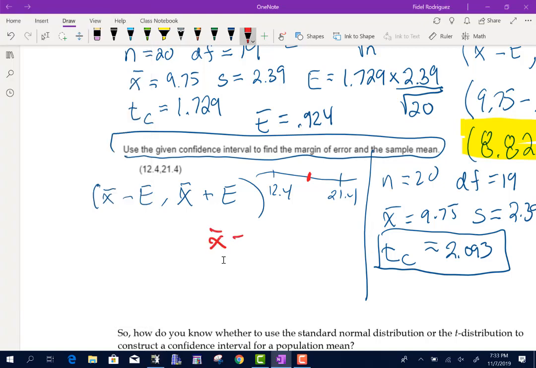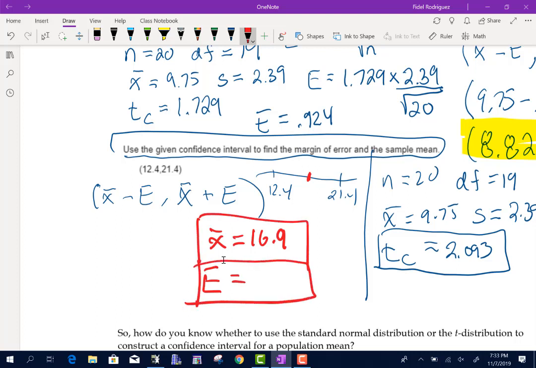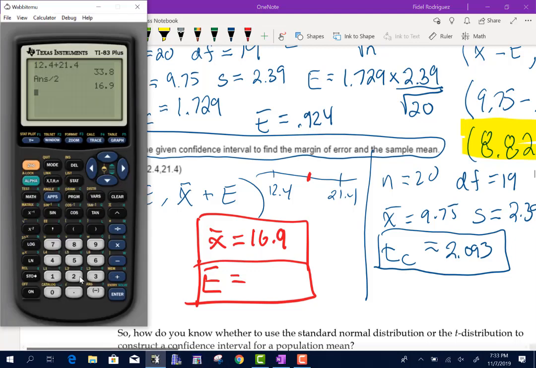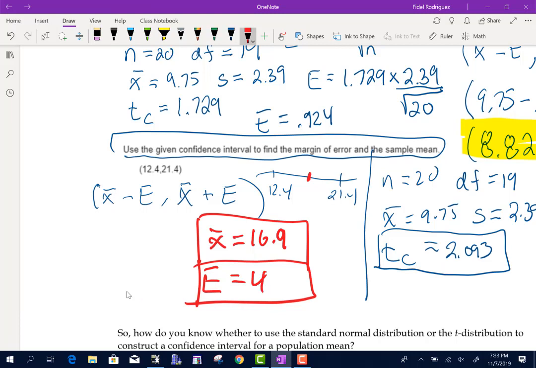X bar equals 16.9. Y'all remember how we find the margin of error E? From the formula, right? But we don't even have to use the formula. Can't we say 21.4 minus 16.9? That's 4.5.